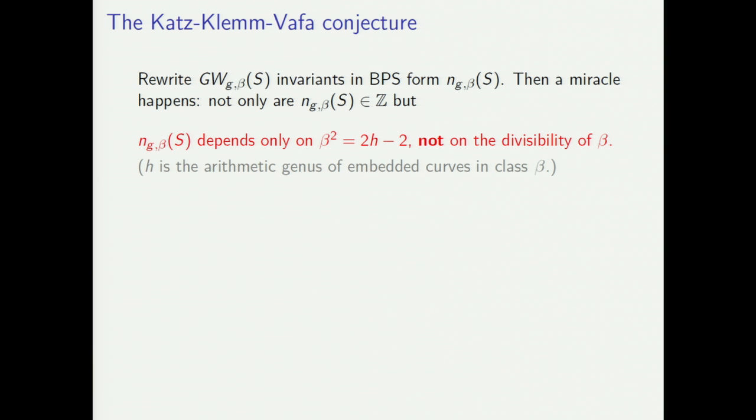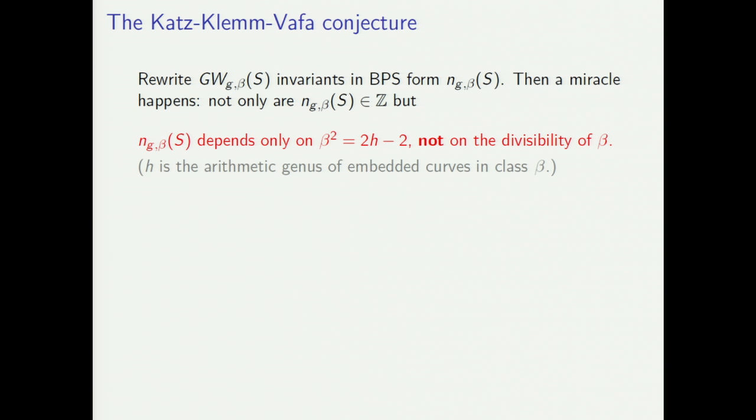So if you're trying to calculate the BPS numbers in some curve class which is 2 times some other curve class, that's fine. You don't need to do that calculation because you can just convert to a completely different curve class of the same square, but which is primitive. And the answer will be the same there. It's absolutely extraordinary.